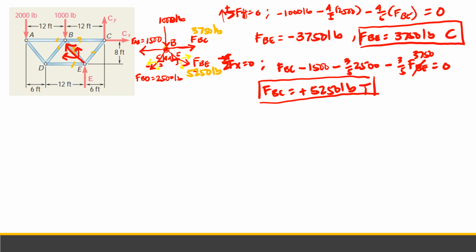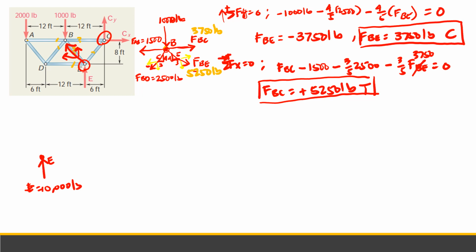Okay, so the remaining joints are E and C. So let's proceed with E. At joint E, the forces are the reaction at E, which is 10,000 pounds, as we solved earlier.